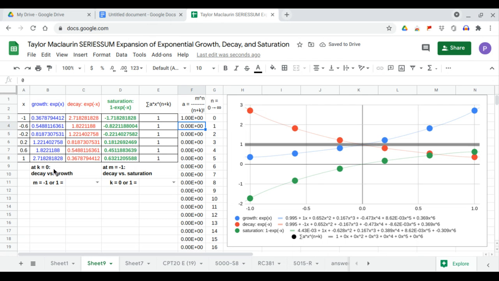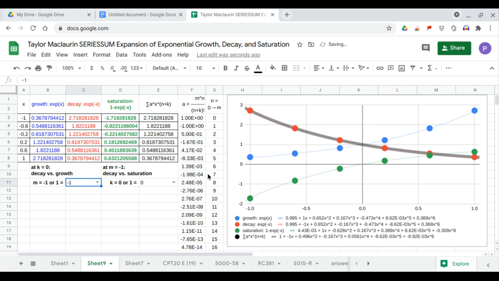So we begin with k equals 0. So at k equals 0, a value of m negative 1 if it is decay. So it is decay. So our expansion, Taylor-Maclaurin SERIESSUM expansion, is decay, which is this. They have the same values.